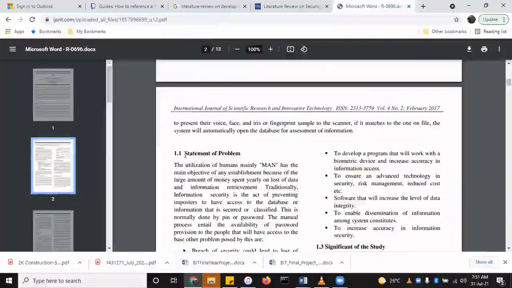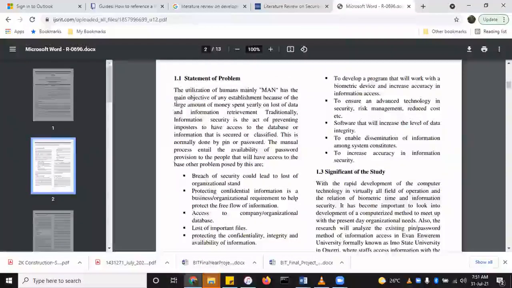So he talked, okay, so let's go to his problem statement. He talks about the utilization of humans, mainly man, as the main objective of any establishment because of the large amount of money spent yearly on loss of data and information retrieval. Traditionally, information security is the act of preventing imposters from having access to the database of information that is secured or classified. This is normally done by PIN or password.